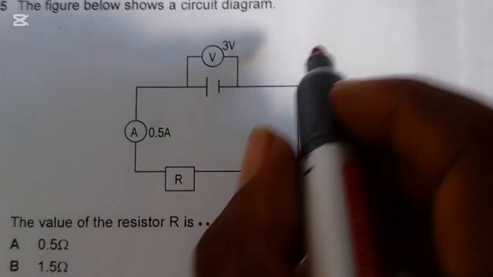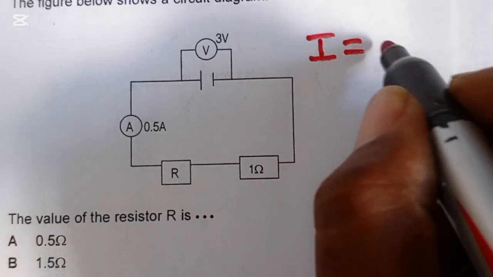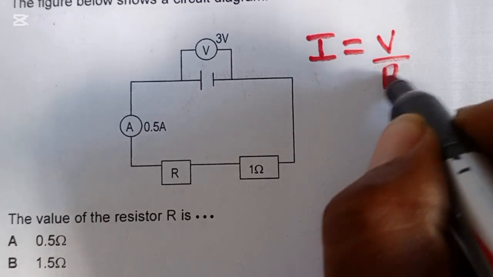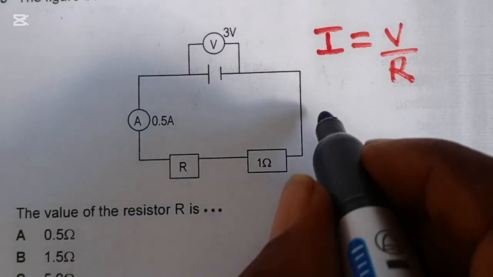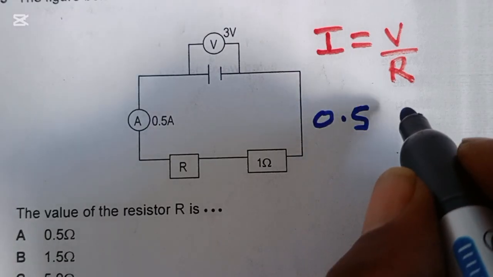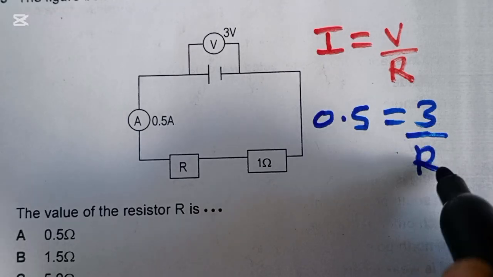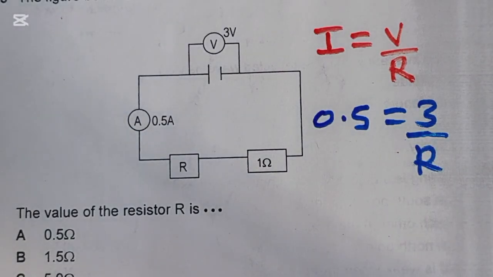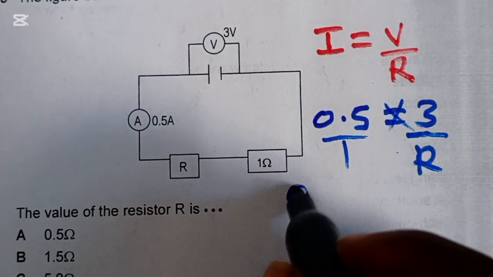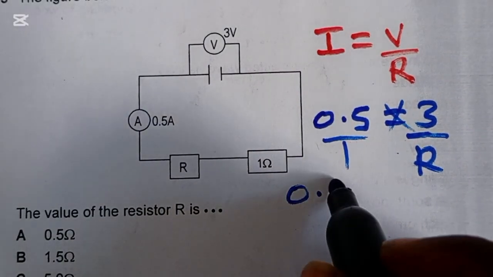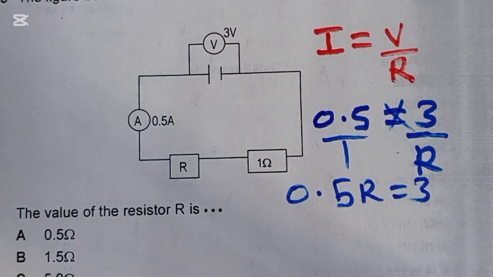So we say current is equal to voltage over resistance. Current is given to be 0.5. Voltage is 3 over total resistance. So this is 1, we cross multiply: 0.5 times R is equal to 1 times 3, we have 3.